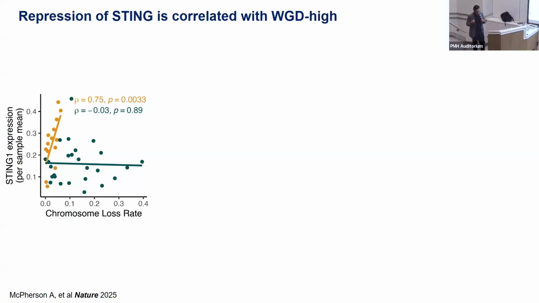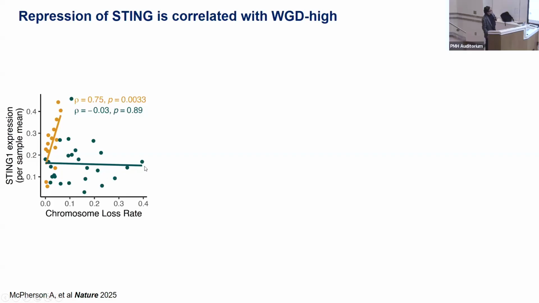cGAS is linked to the cGAS-STING pathway, which should induce interferon response and inflammation and drive an immune response. But what we saw is that indeed that's true. When we have this increased chromosomal loss rate, we see an increase in STING activity, but only in the genome doubled low. So in the diploid state, this holds true, what you might expect.